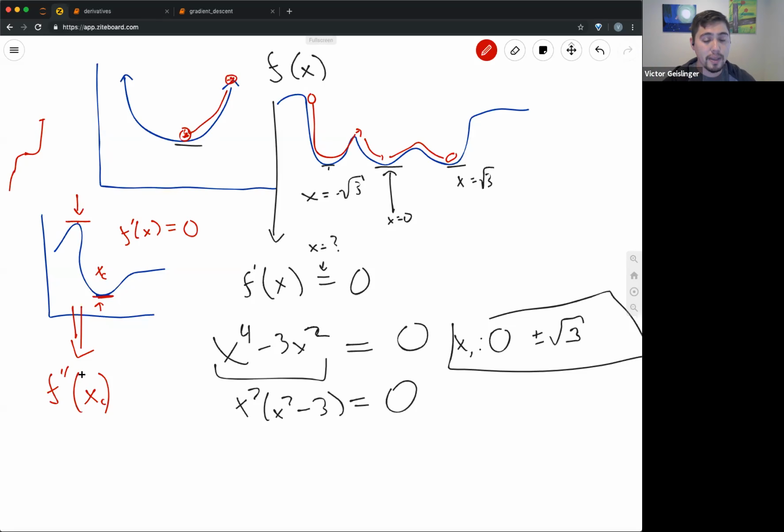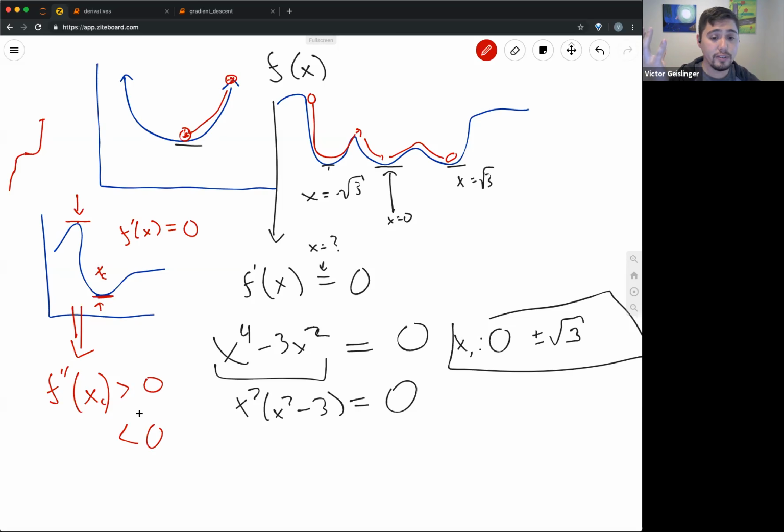Basically, is it positive or negative? This tells me if it's concave up or concave down. If this is greater than 0, that means it's a minimum. And if it's less than 0, that means it's a maximum. So this allows you to very quickly take your first derivative and get your critical values.